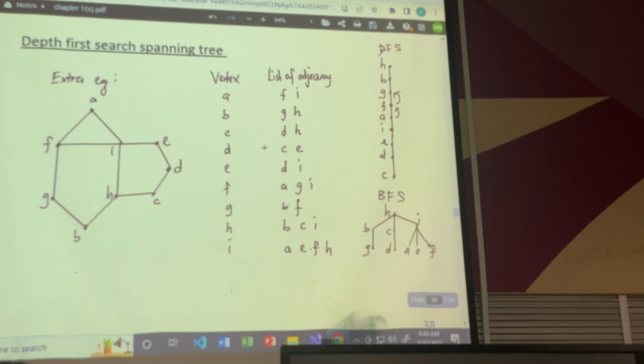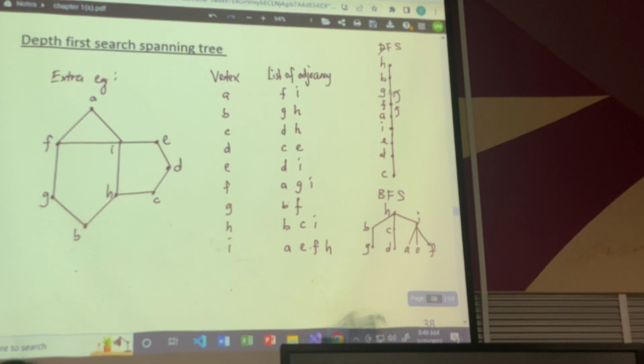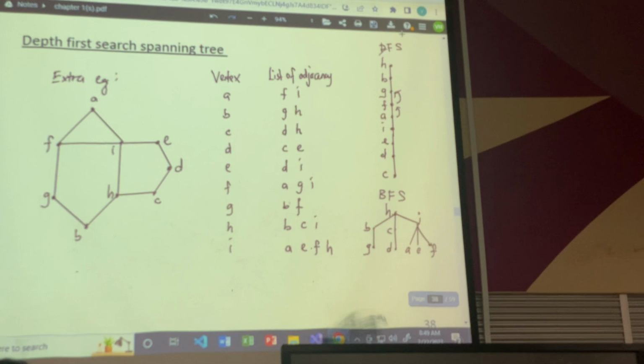If yes, then you go out from G, connecting the vertices out from G until you get all of them in.